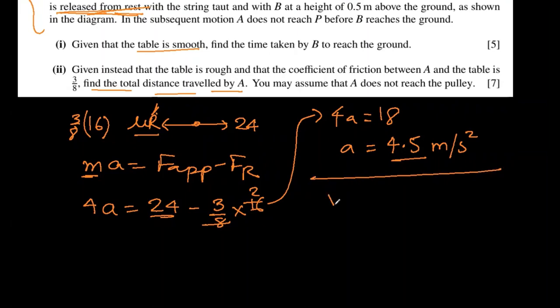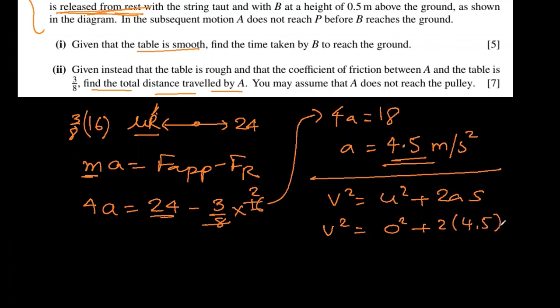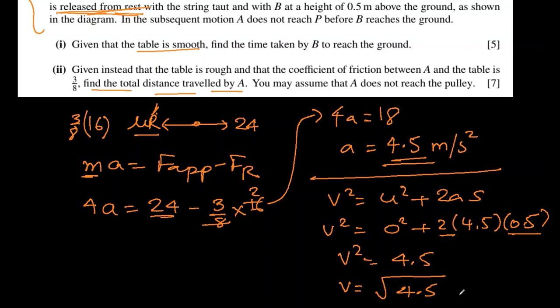We know that v square equal to u square plus 2as. So v square will be, u was 0, it was just released, so 0 square plus 2 times acceleration 4.5. S is 0.5 meters when it reaches ground, so 2 times 0.5 makes it 1. V square equal to 4.5 and V equal to square root 4.5, which we will not evaluate. Hopefully it will be used later.